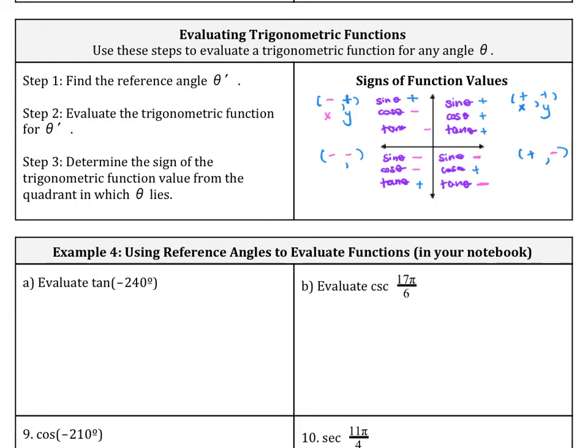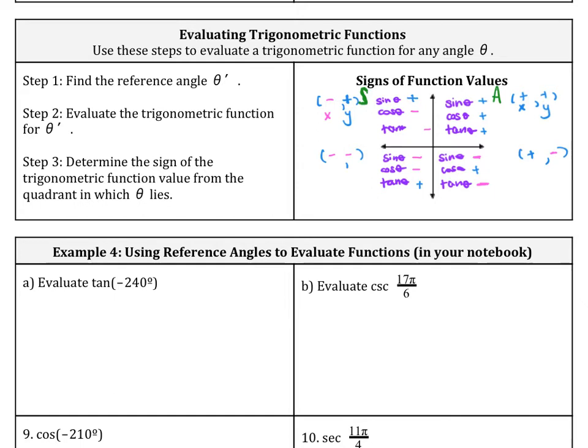Now there is a pattern to this. Notice that in quadrant 1, everything is positive, so I'm going to call this A for all. In quadrant 2, sine is the only one positive, along with its reciprocal, so S for sine.